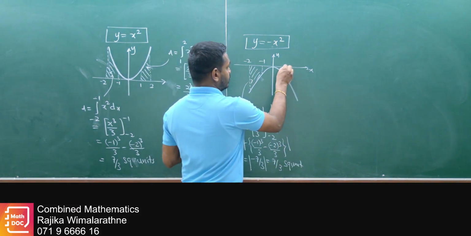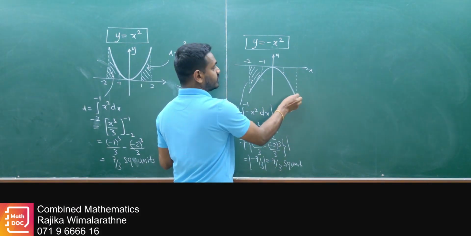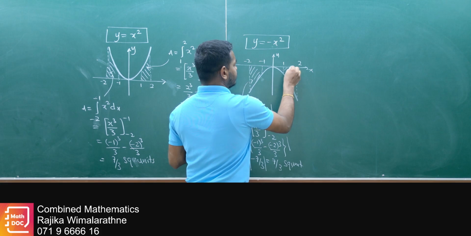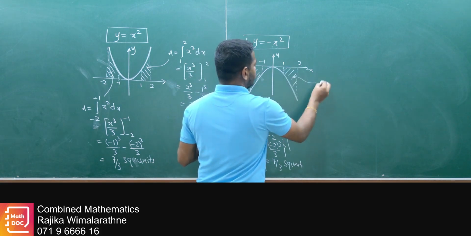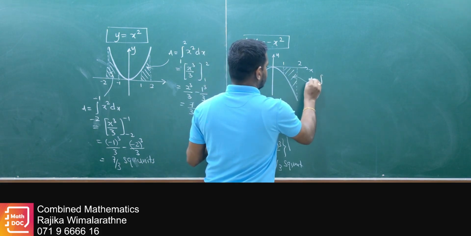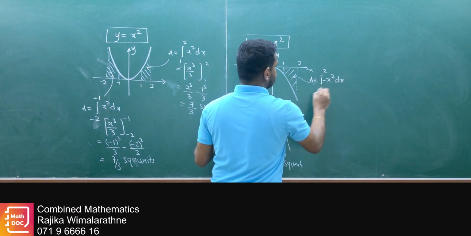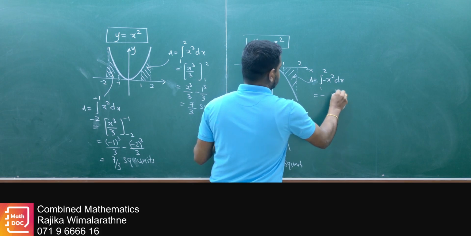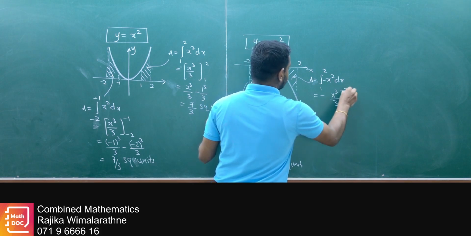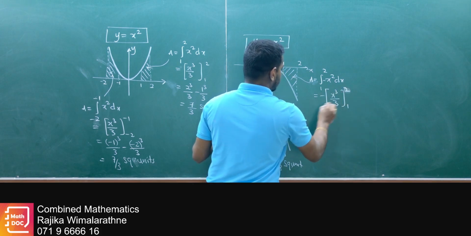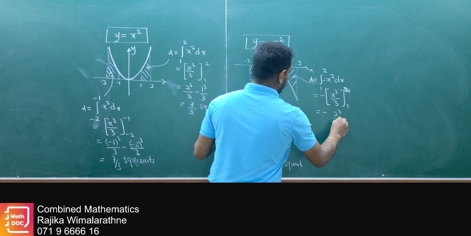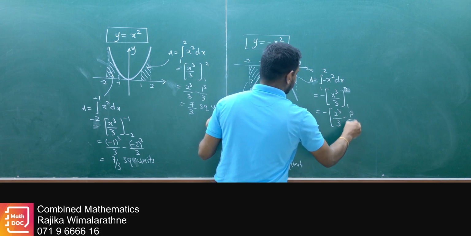Then let's see the function in the fourth quadrant. Let's see again what will happen for this part. The area from 1 to 2 of minus x squared dx, take the minus outside, then x cubed over 3 from 1 to 2: 2 cubed over 3 minus 1 cubed over 3.